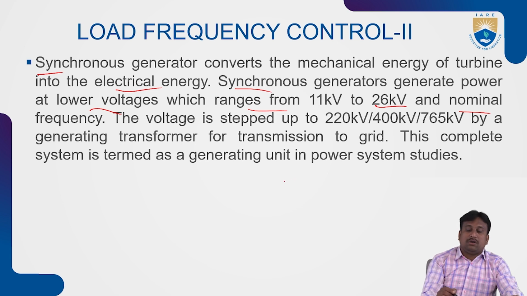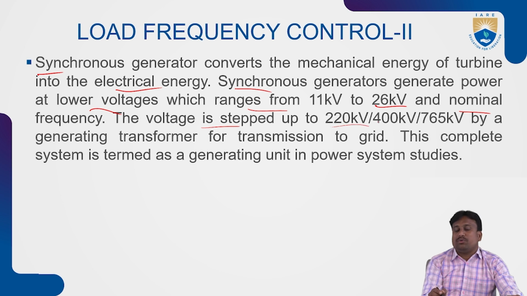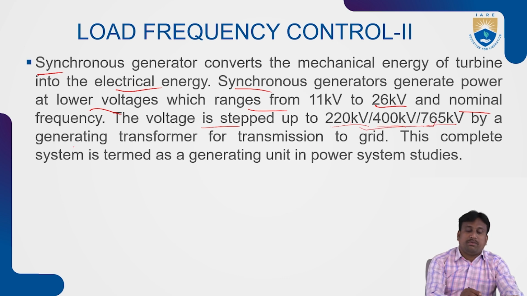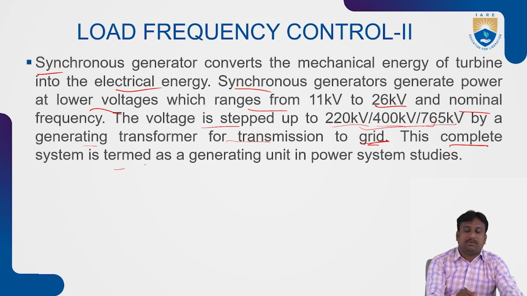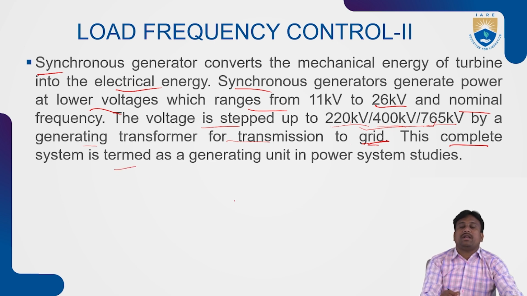The voltage is then stepped up to values of 220 kV, 400 kV and 765 kV by a generating transformer for transmission to the grid. This complete system is termed a generating unit, in which the power system studies take place.